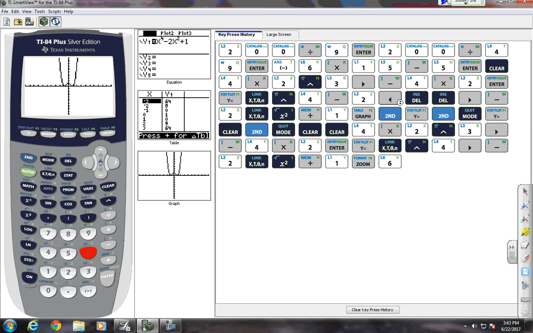We're interested in calculating the slope of the curve at x equals 2. So we're looking at this point right here, and we're going to calculate the slope of a line tangent to the curve at that point.